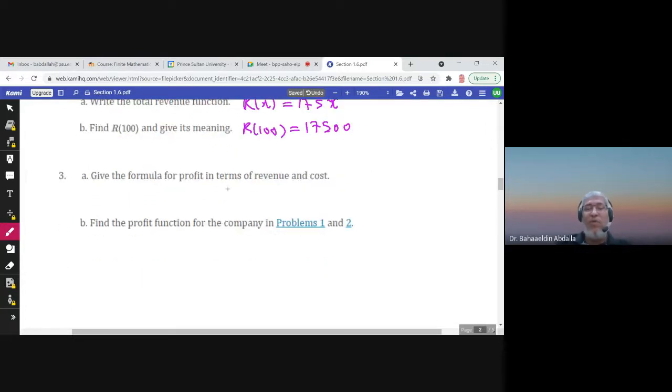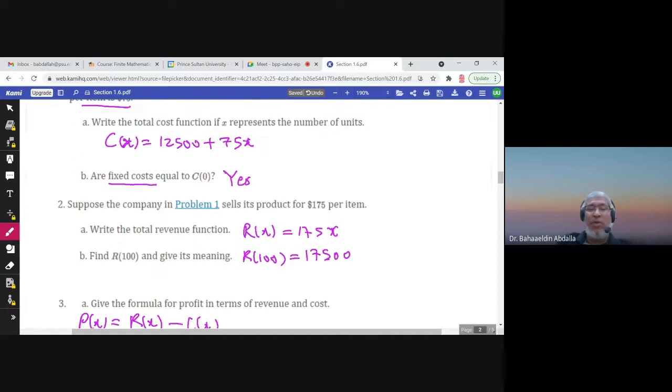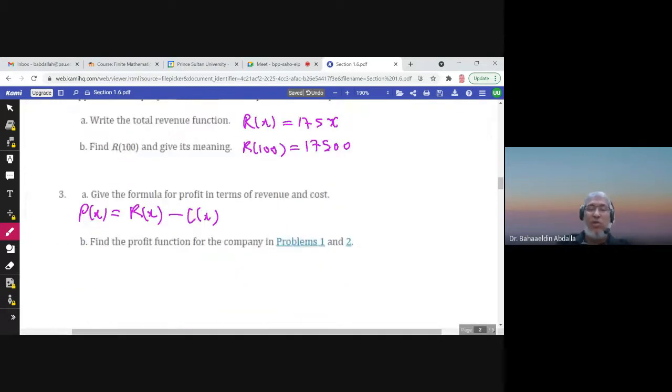Give the formula for profit in terms of revenue and cost. Well, we know that the profit is the revenue function minus the cost. Find the profit function for the company in problems 1 and 2. So the profit function would be the revenue minus the cost.